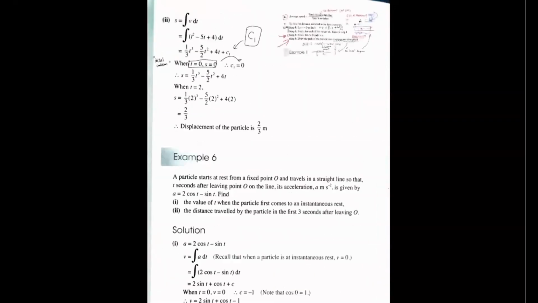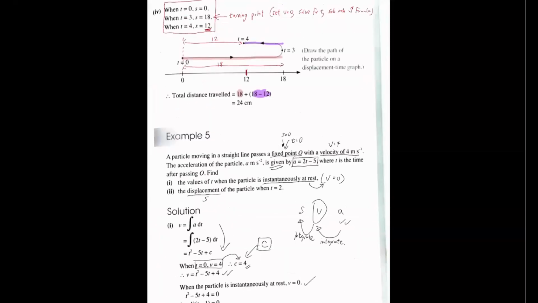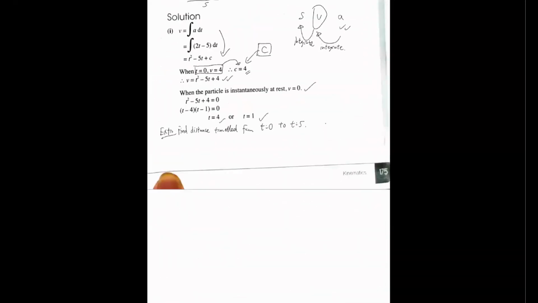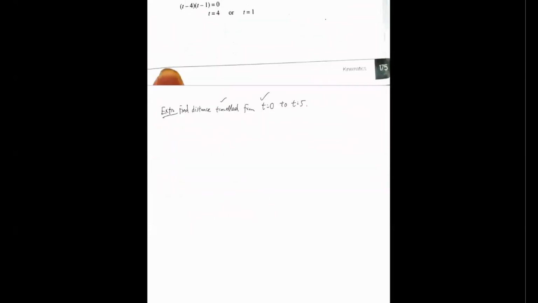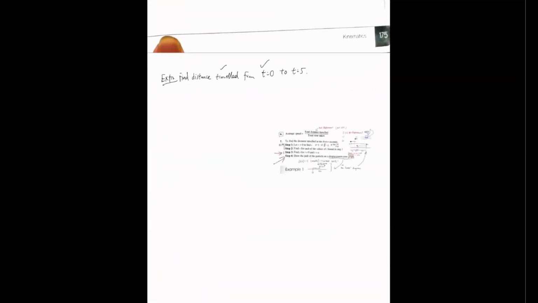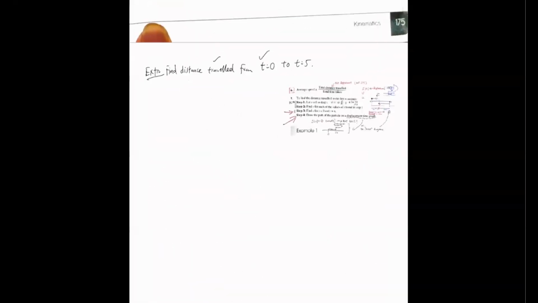Okay, wrong location. Where's the screenshot? It's over here. Paste. Okay, let's read the procedure together.